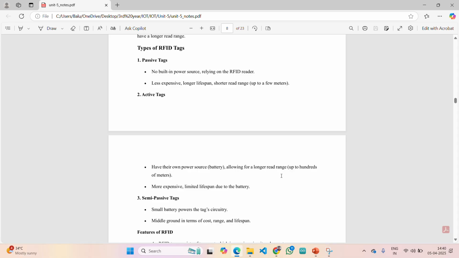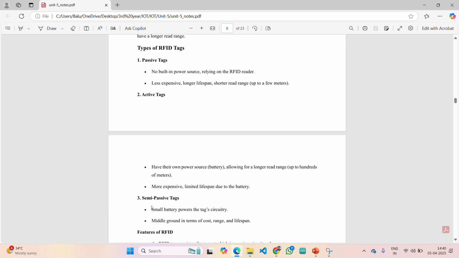The difference comes with semi-passive tags. Here the semi-passive tags have small battery power for the tag circuit, but the main difference is that semi-passive tags require a battery like active tags, yet their behavior is similar to passive.